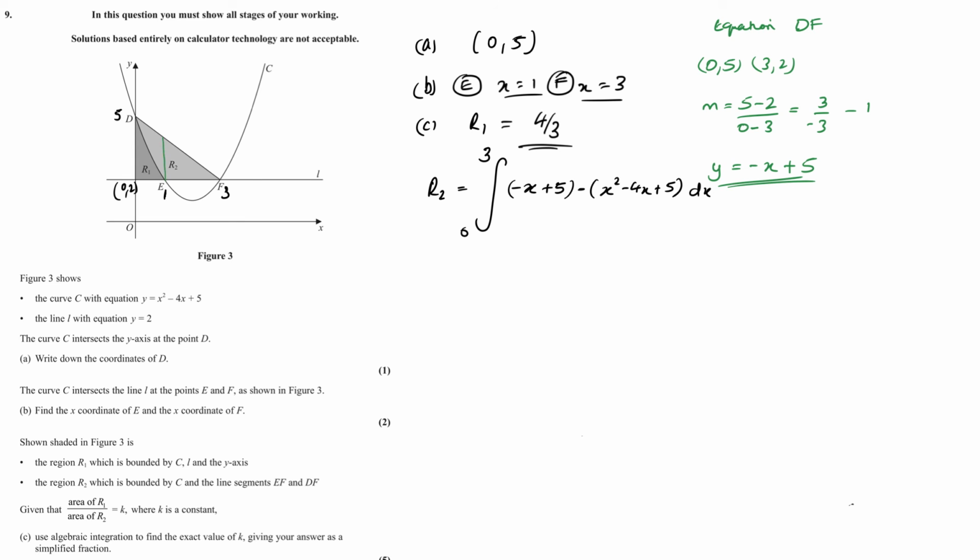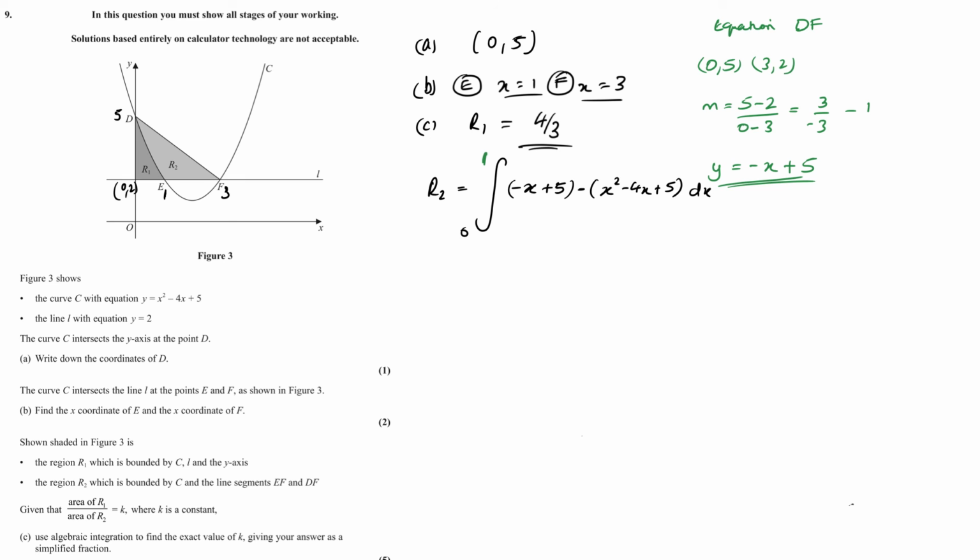There's no way of doing it with integration in one go. So I can split this into these two sections here. If I just show you, what I'm actually going to do is work it out not between 0 and 3, but between 0 and 1.